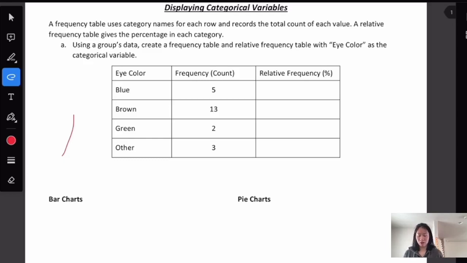What are categorical variables? A categorical variable represents the type of data which might be divided into groups, such as race. You can divide race into Asian, Caucasian, Hispanic, African. Another type is sex: male, female, non-binary.